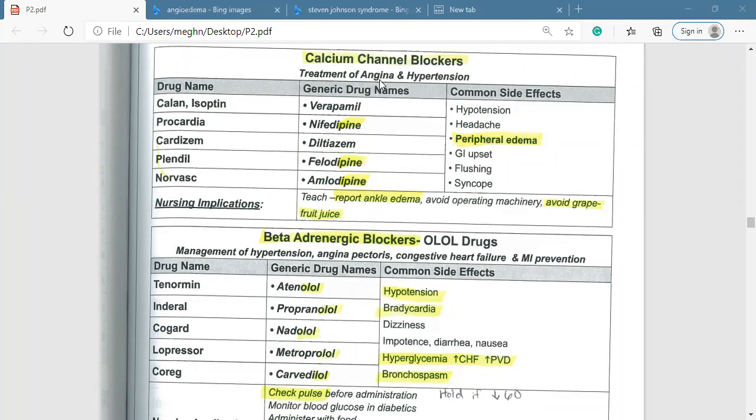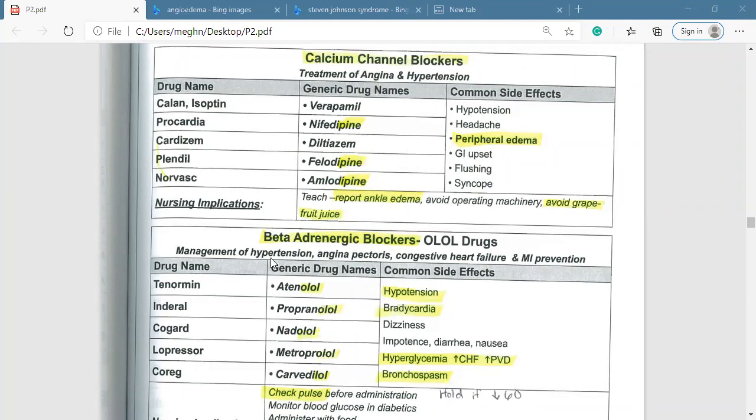Unstable angina leads to myocardial infarction, and myocardial infarction, if untreated, leads to heart failure, right? So if you treat at the beginning, you can prevent myocardial infarction and heart failure. So calcium channel blocker is the drug of choice for the treatment of angina. But we also use nitroglycerin, or shortly called GTN, right? But we will talk about it later on.